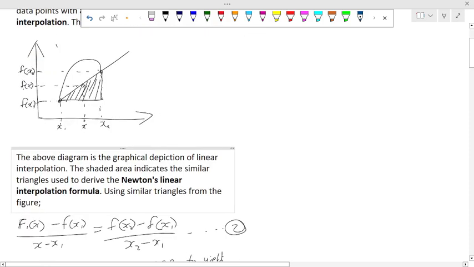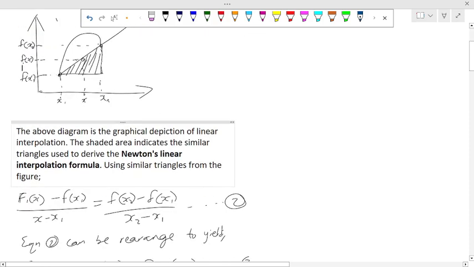Similar triangles. Now, this is just like saying x minus x1, which is this. We are dealing with this small triangle first, this small part, before we deal with the complete triangle. So for this small part we have x minus x1 under, just like saying change in y over change in x.